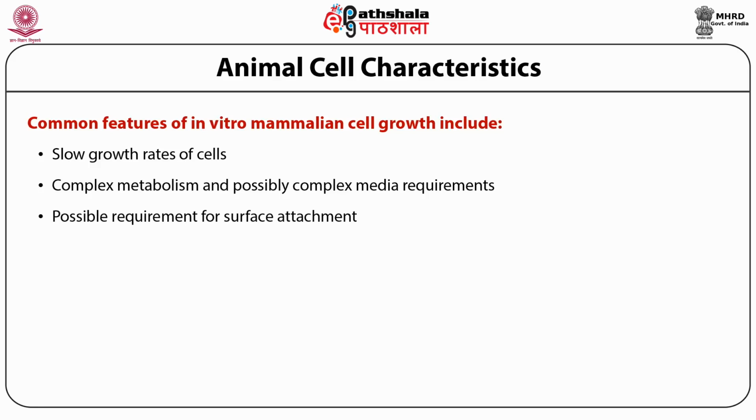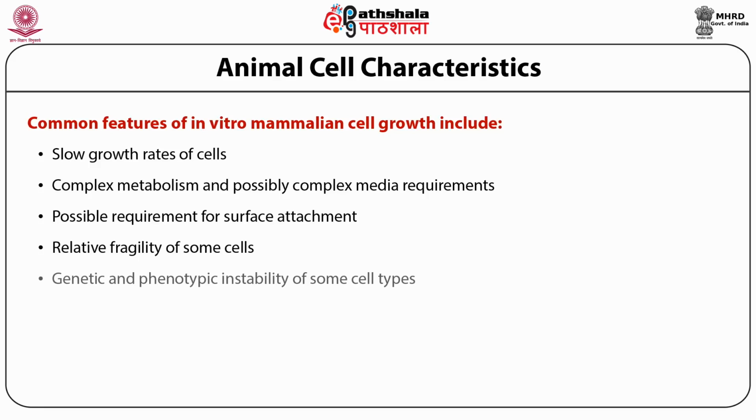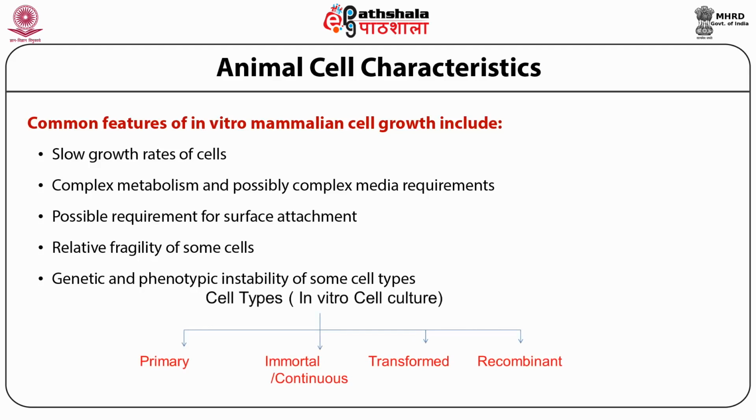Further, some cells are very fragile to grow, and cell culture is most of the time characterized by certain genetic and phenotypic instabilities. Broadly, the different cell types can be divided into the following groups, and this includes the primary cells, the immortal or the continuous cells, the transformed cells, and the recombinant cells.